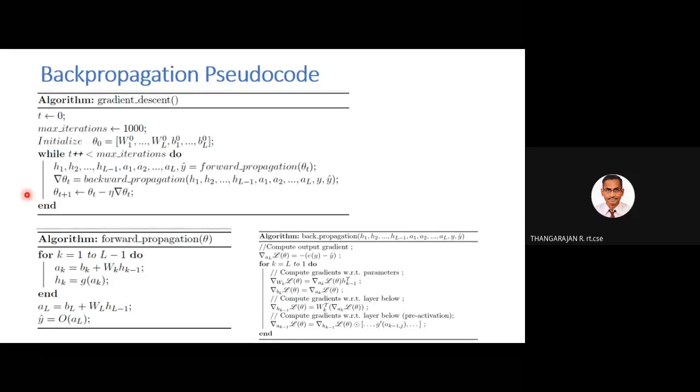Depending upon what you choose, it is called mini batch training or stochastic gradient descent training. When I take only one sample and change my weights, it is called SGD, stochastic gradient descent.